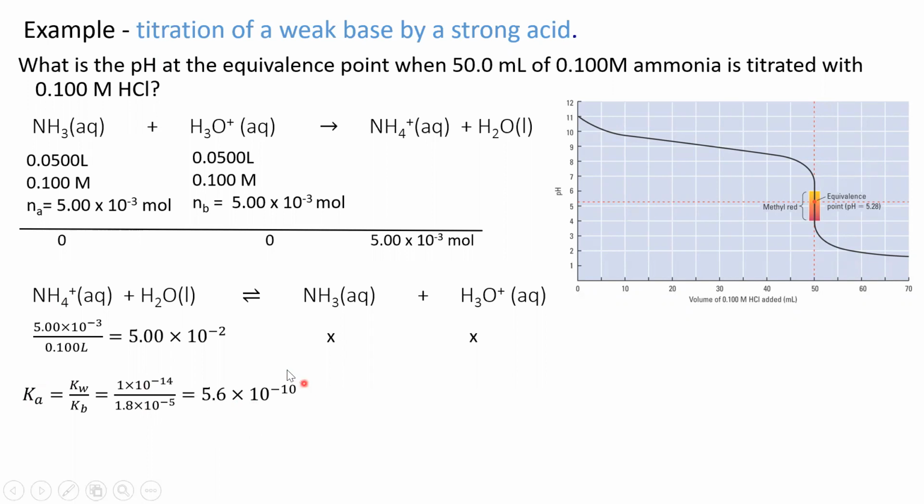So here's your Ka. Here are your products. Here's your reactants. Set up your equilibrium. Solve for X. X is the hydronium ion. You can calculate what the pH of the solution is going to be.